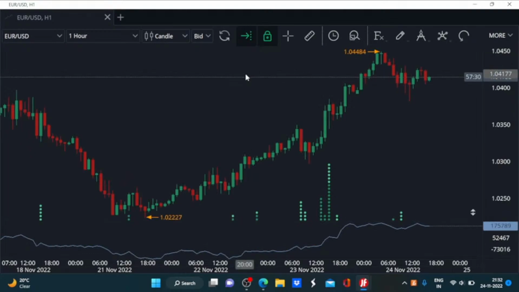And as the name suggests, this indicator tries to give you a good idea of the accumulation or the distribution of the money for the instrument of your choice. And for that, it takes into consideration the price range. We have to consider the closing price relative to its high and low range, and along with that we also have to take into consideration the volume data.